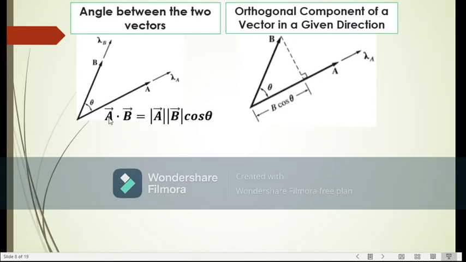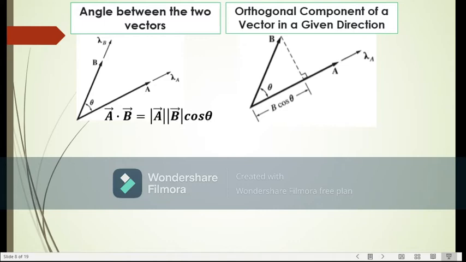So using again the general formula or definition for our dot product, A dot B means the magnitude of A multiplied to the magnitude of B times cosine theta. And the angle is the angle between the two vectors.